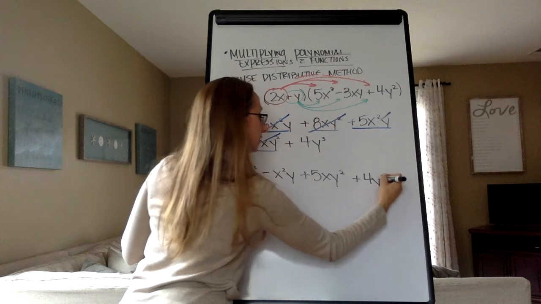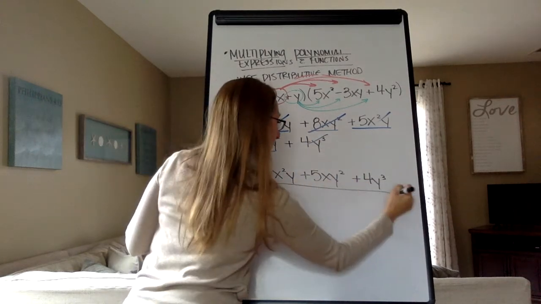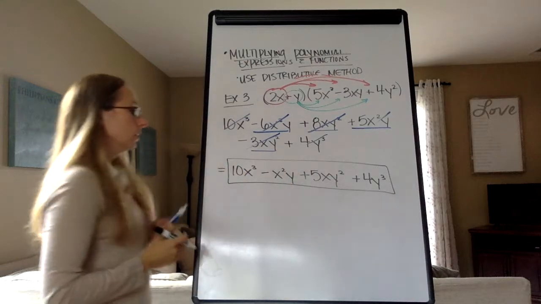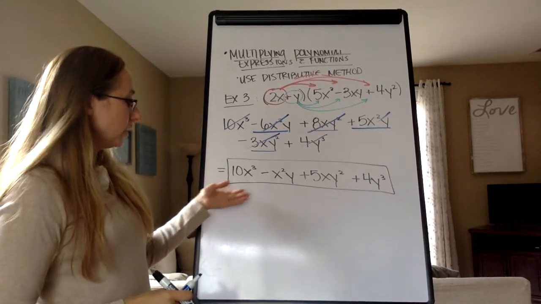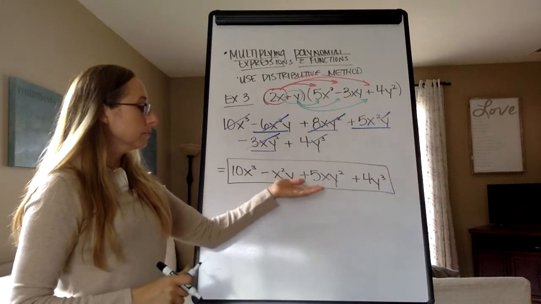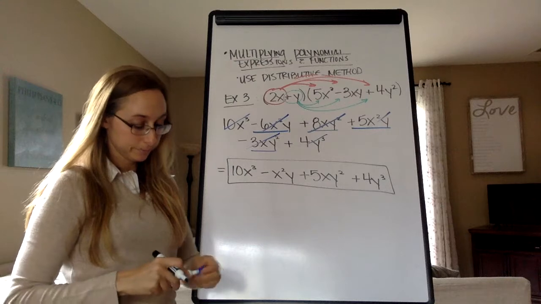That's the only term that's left. And that's it. So we have 10x to the third minus x squared y plus 5xy squared plus 4y to the third.